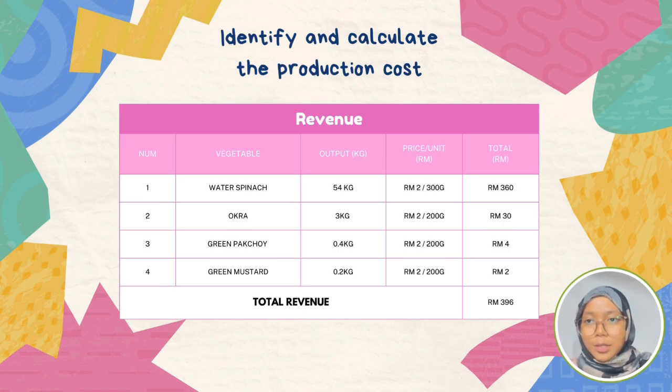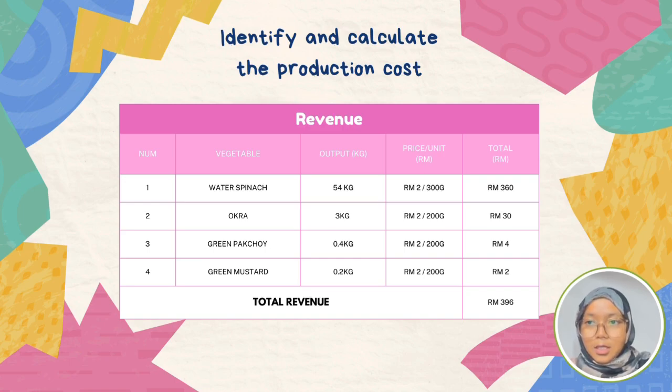Finally, we have green mustard, where we harvest 0.2 kilograms. The price per 200 grams is RM2, bringing in RM2 in revenue. Now, if we add up the revenue from all 4 vegetables, water spinach RM360, okra RM30, green pak choy RM4, and green mustard RM2, the total revenue generated is RM396.